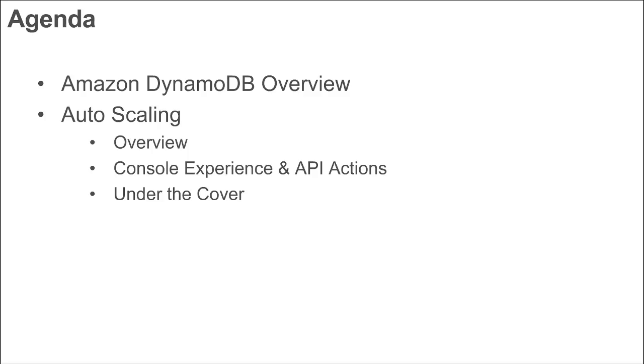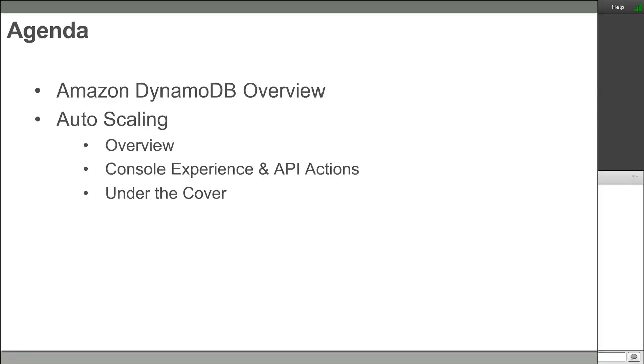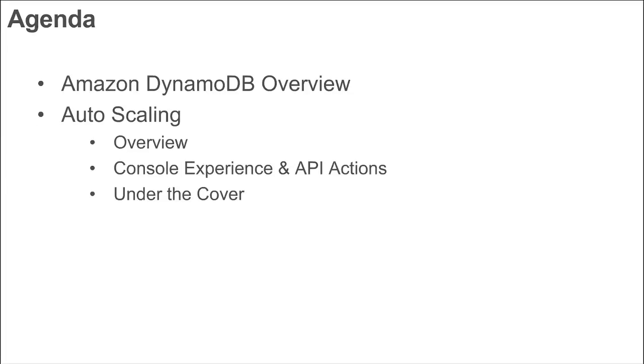So here's a quick agenda of topics that we'll cover today. I know some of you might not be familiar with DynamoDB, so we'll just do a quick lap around DynamoDB at a high level, and then go into the scalability pillar of DynamoDB, and where autoscaling plays a very critical part. Specifically on autoscaling, I'll cover what the key value proposition is, or the value that you derive from it.